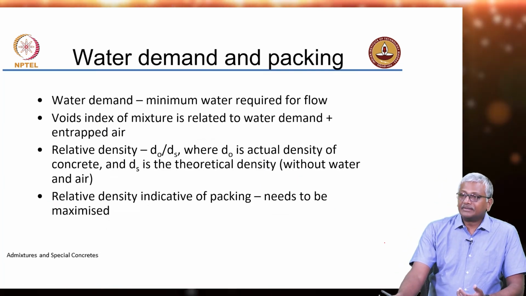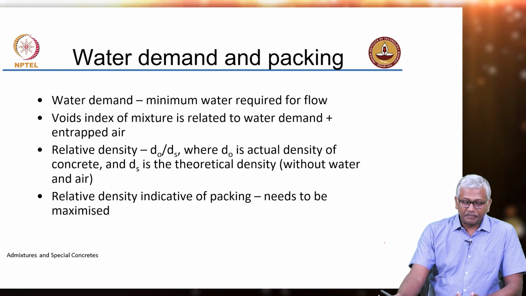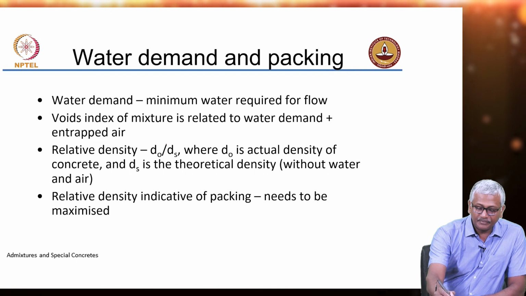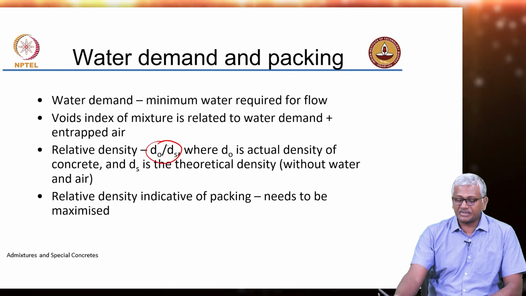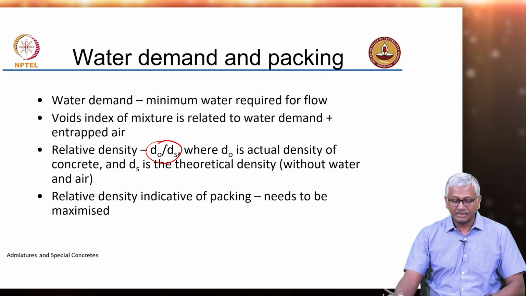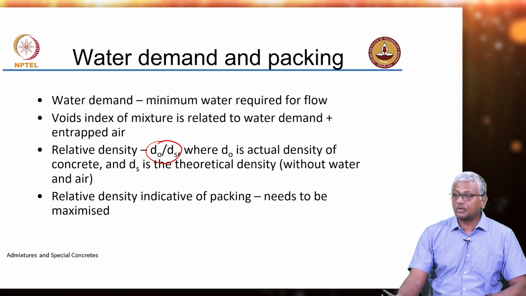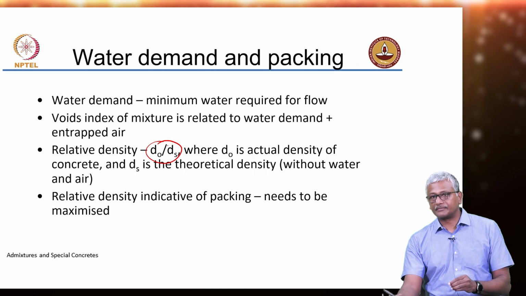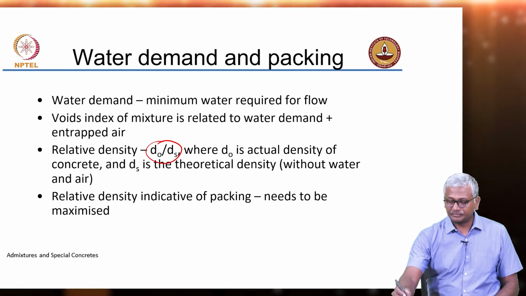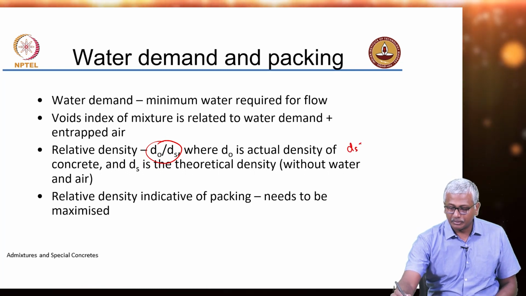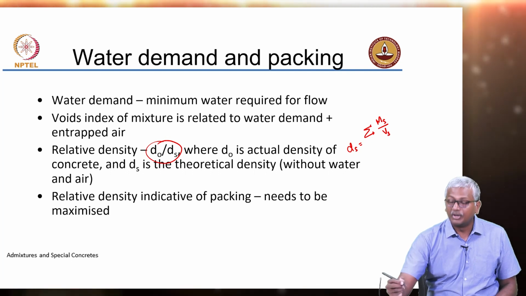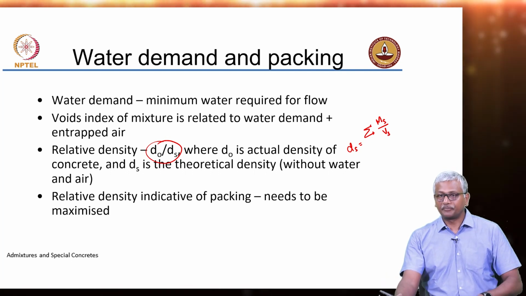So, as I said, again you are employing concepts of particle packing, where you can define a parameter such as relative density d naught by ds, where d naught is the actual density of the concrete which is achieved after compaction, and ds is a theoretical density without the consideration of any voids. So, ds is the sum of the mass of the solid ingredients by their volumes, right.